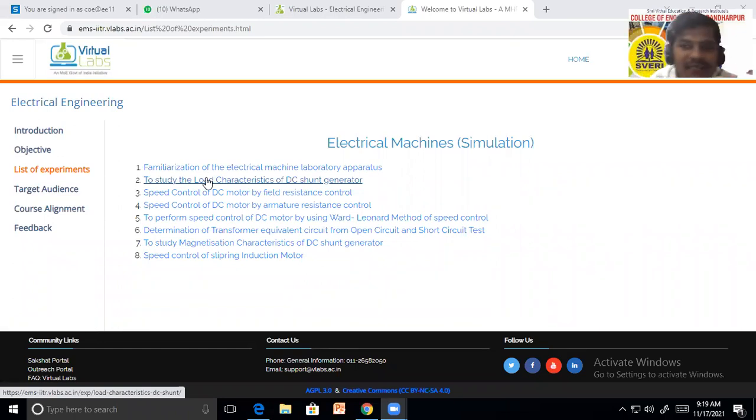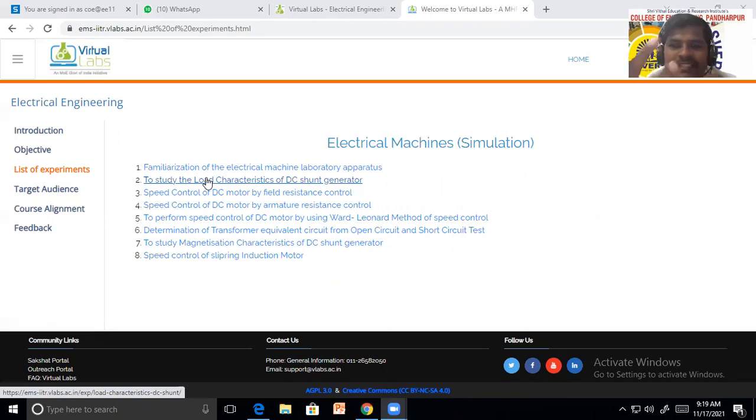See, there are different types of speed control technique. Suppose we consider a shunt motor. In the case of a shunt motor there is the armature control technique, as well as the field resistance control technique, as well as the supply voltage control technique. By controlling the supply voltage we also control the speed.